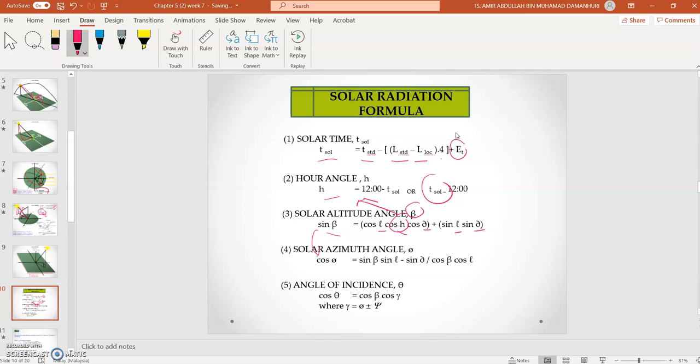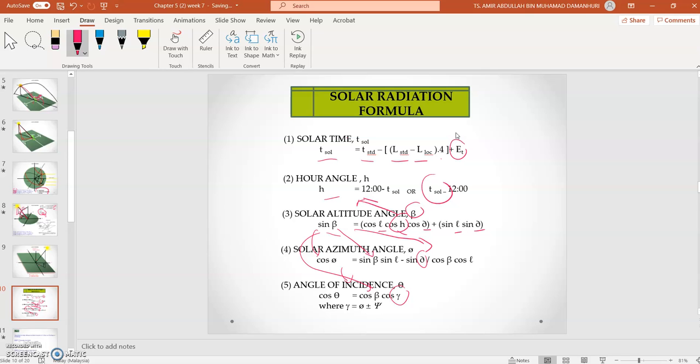Cos phi is equal to sin beta, beta will be put here, sin L from the table also, sin alpha also from the same table from the question. To put the sin alpha, cos beta is here also, cos beta, cos L. So from the cos phi, we are going to cos theta or angle of incidence. So the cos beta is from here, cos beta, then cos gamma we are going to calculate. And then how to find the gamma is either phi plus or minus lambda.